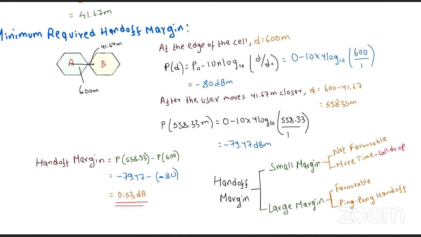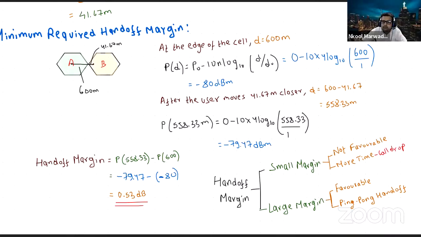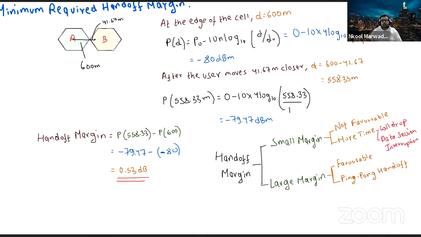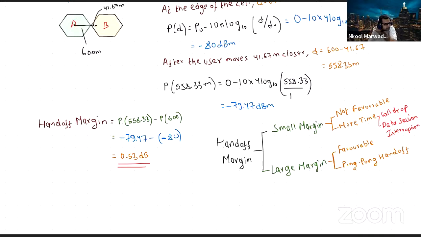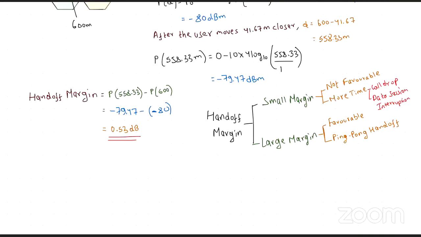So the call will drop and there will be data session interruption. Is it clear? Crystal clear.